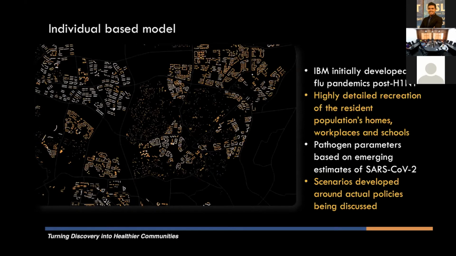The way that we do this is that we develop a highly detailed representation of the resident population of Singapore: where they live, where they work, where they go to school, who they live with, who they work with, etc. And then on top of that, we can overlay parameters that characterize the transmissibility of the virus. And because we're representing things like schools in the model, we can say what happens if we introduce school closure. What impact is that going to have on overall disease?